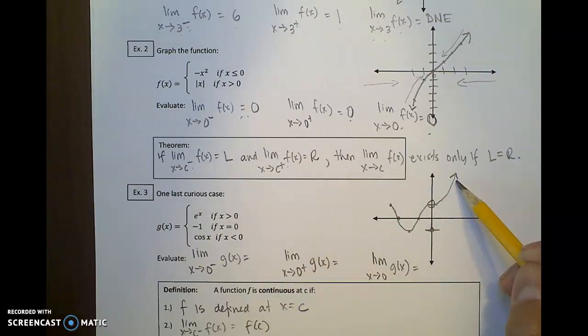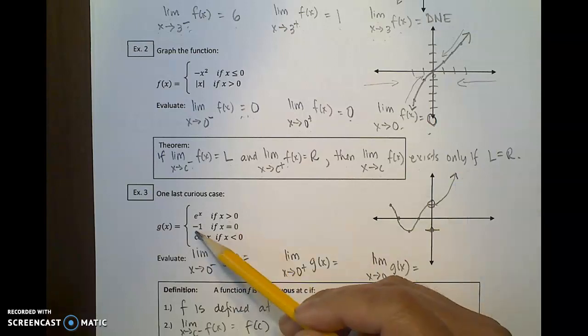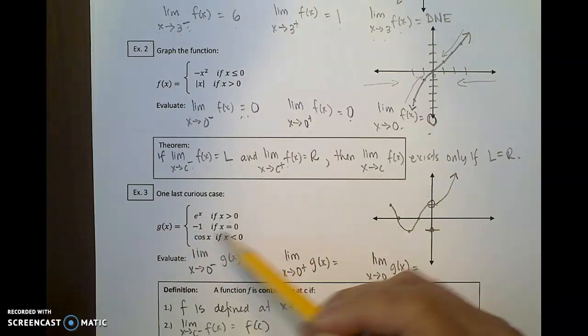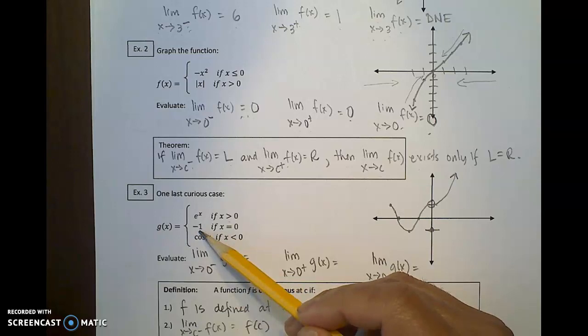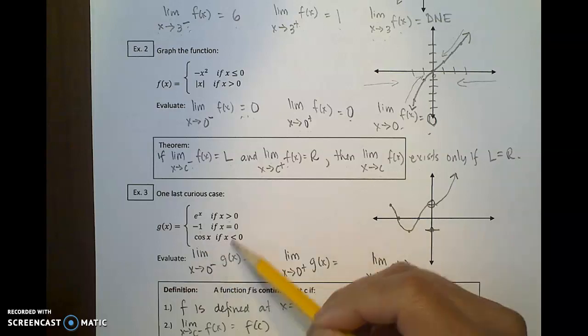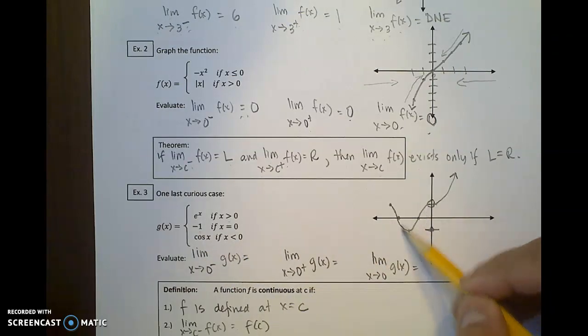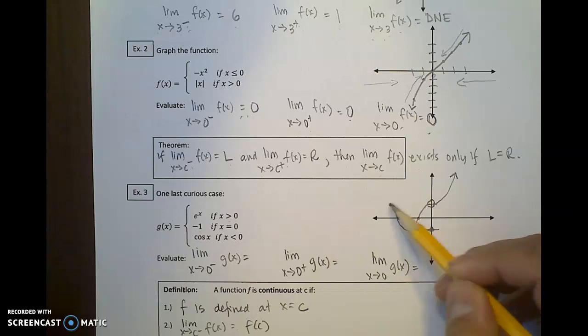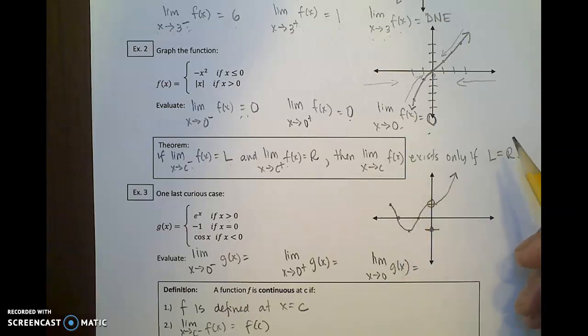Again, it's an exponential. And the function at x equals 0 is defined and its output is -1. So that's this point right here. And for this cosine wave, as x is less than 0, it's going to be this part right in here.